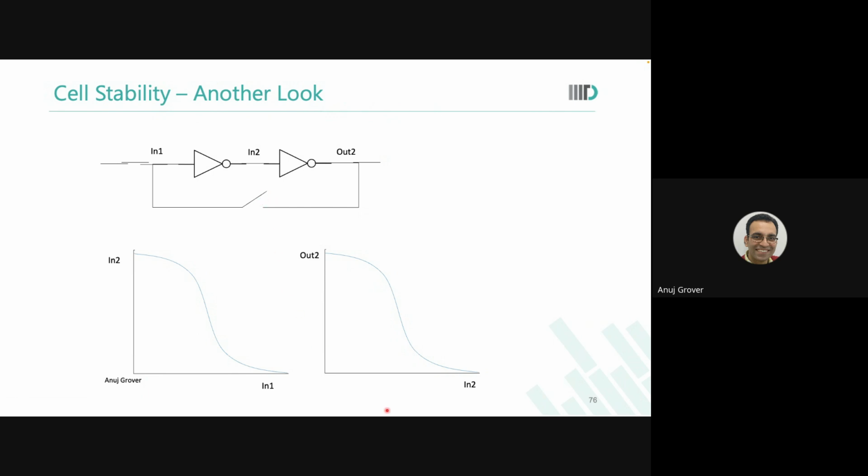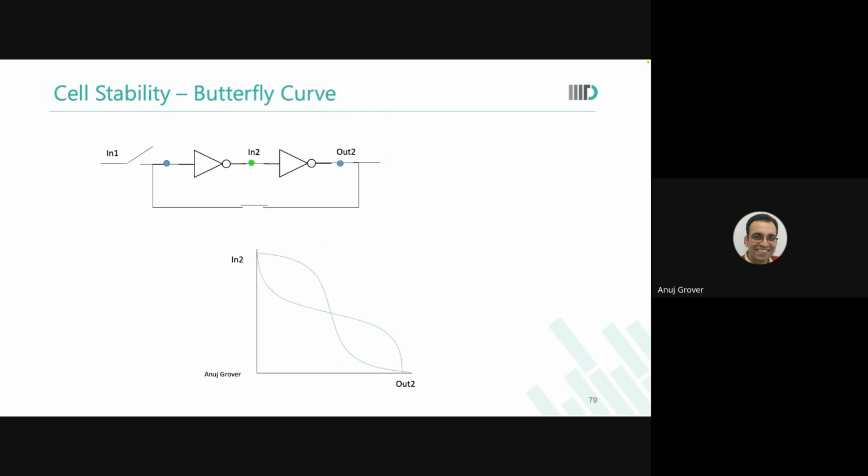So what happens? Now out 2 and N1 are equal. Am I right? So these two graphs can now be brought together and they will overlap. And they will form what is famously called a butterfly curve. Does it look like a butterfly?